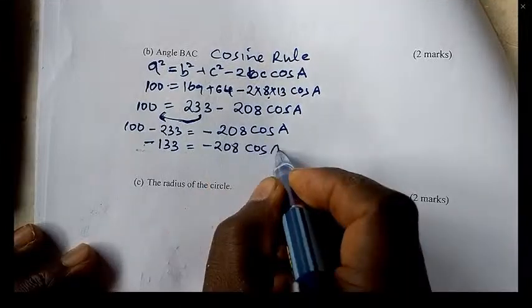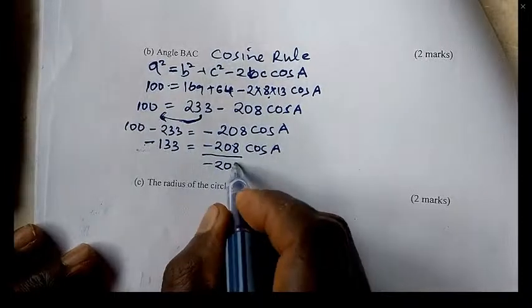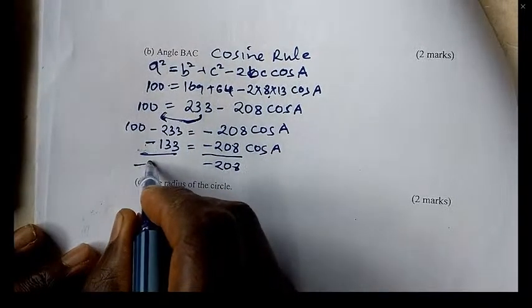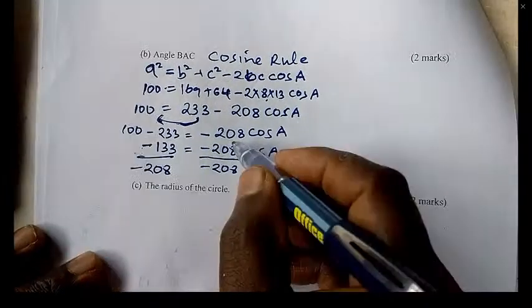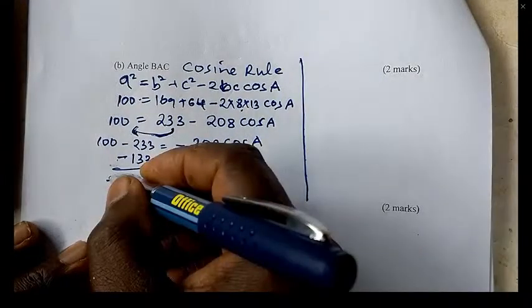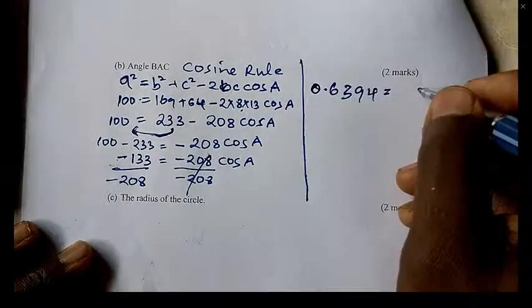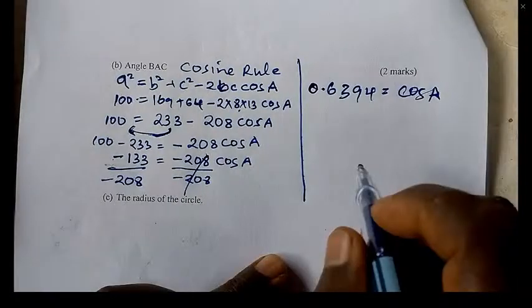Tunataka kutoa hii namba hapa, so you divide both by negative 208. So this one goes, and negative and negative will go, so we will have 0.6394 is equal to cos A. Remember, negative divided by negative is positive, you should know.